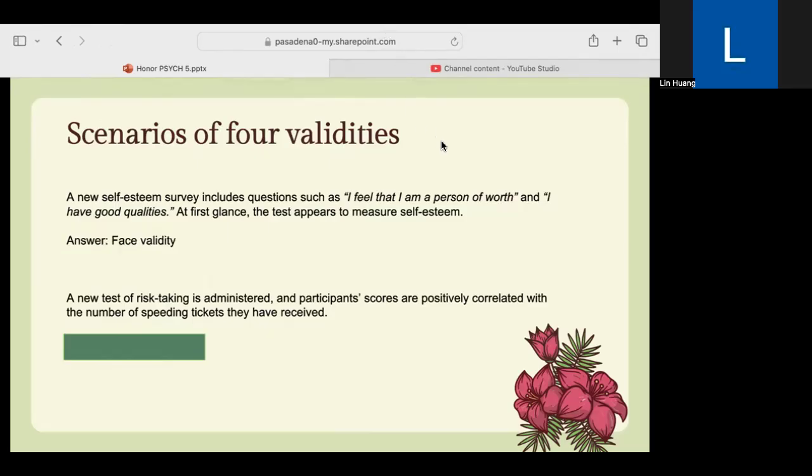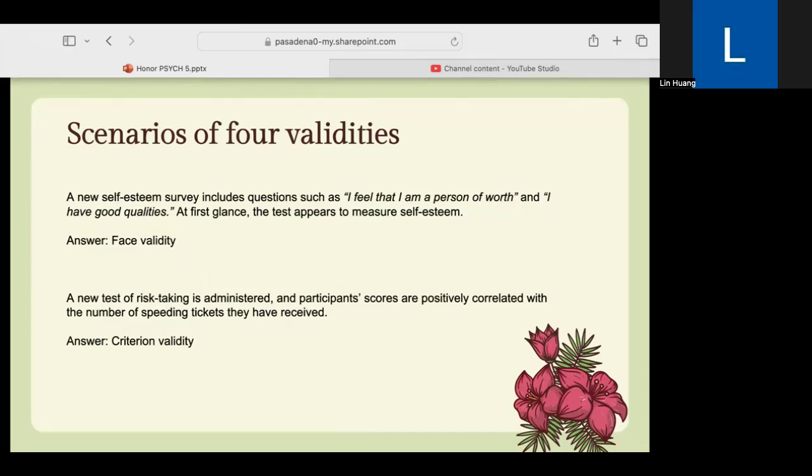That is face validity, because it's on the surface. In the second scenario, a new test of risk taking is administered and participants' scores are positively correlated with the number of speeding tickets they have received. That is criterion validity, because the measure is correlated with an expected outcome.